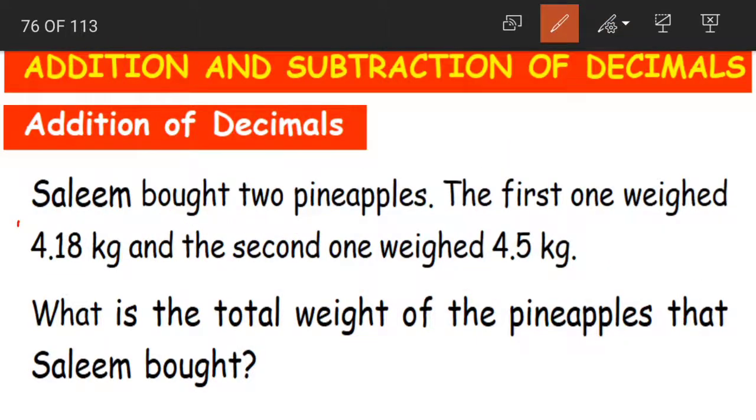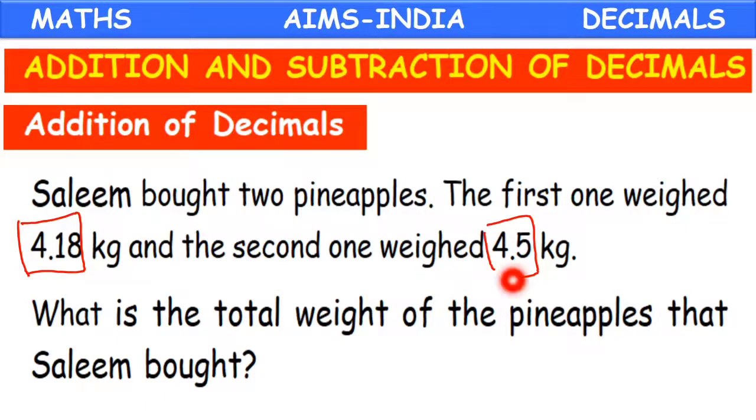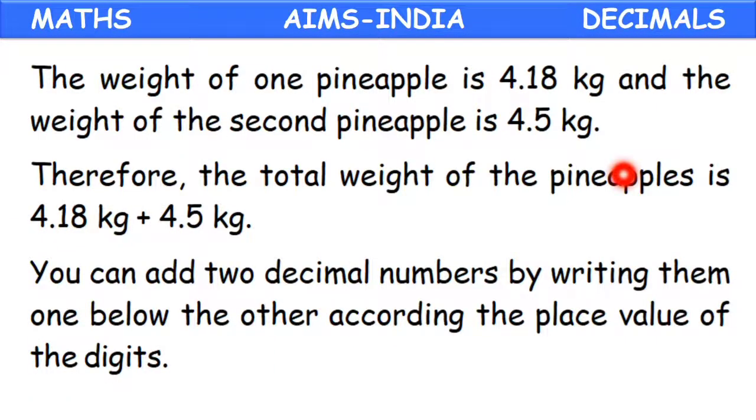We have to add both the weights together to get our total weight. In the same way here we have decimal numbers 4.18 and 4.5. When we add these two decimals together, we will get the total weight of the pineapples. What are the steps, children? The weight of the first pineapple is 4.18 and the weight of the second pineapple is 4.5 kgs.